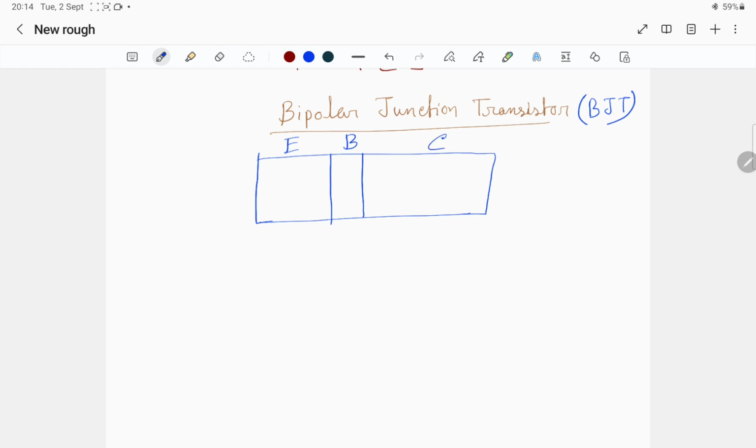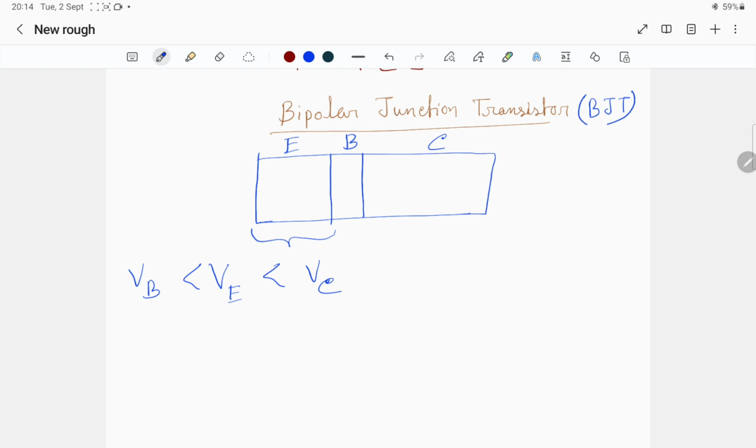Now, if you look at the structure, we can easily see that the area, or volume rather, because ultimately this will be a three-dimensional device. So if I write volume as V, then V of E will be in between the volume of base and the volume of collector, right?